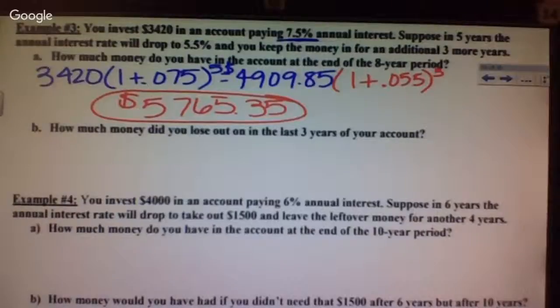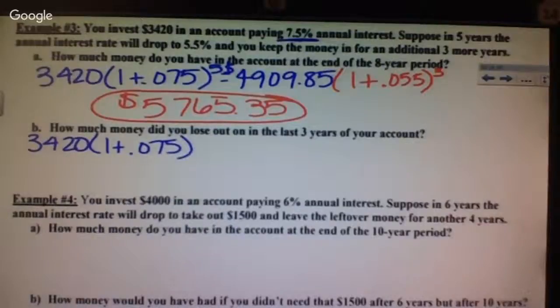How much money did you lose out on in the last 3 years of your account? So what does that mean? Okay, so they want us to know, we said after 5 years, it's dropping. Well, if it didn't drop, how much money am I actually losing out on? So we're going to go back to the original equation.